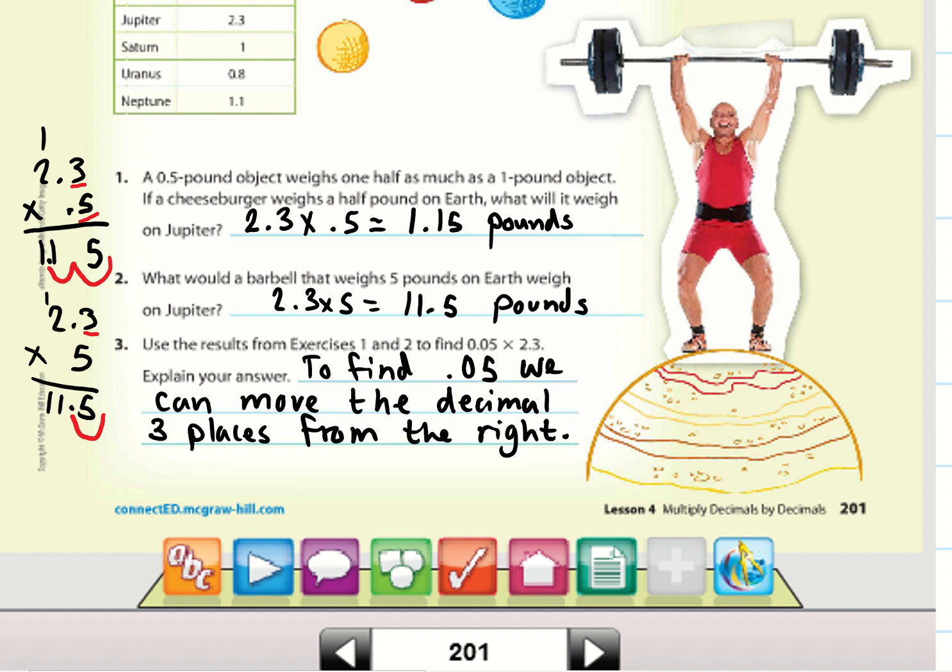Since we see the pattern that we used 5/10 and we used 5, and we see the pattern of 1, 1, 5, we're going to move the decimal place 3 times from the right. So we get 1, 1, 5. So that's the way of explaining it in words. The other way would just be to multiply and get our answer.